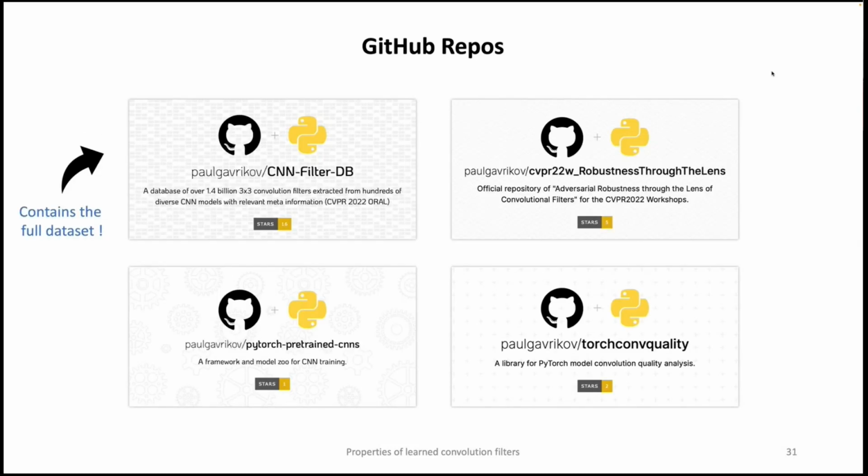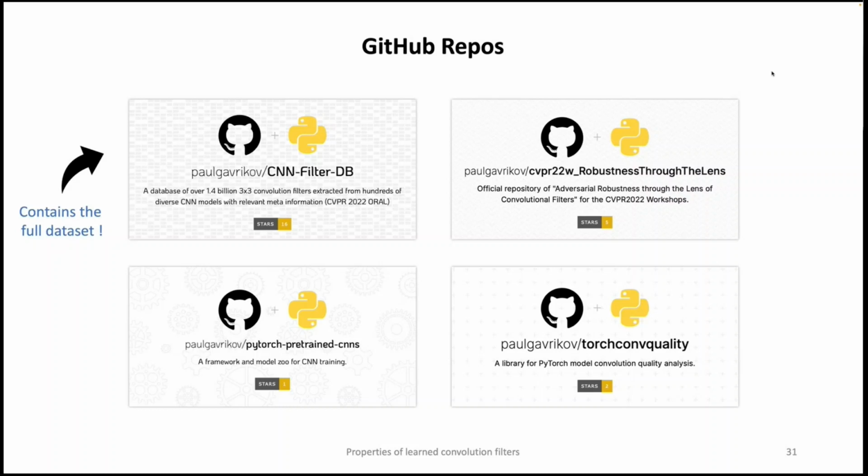So as promised, I also want to show you a couple of tools that you can use in your research. These are GitHub repositories written in Python and developed for PyTorch. The first two at the top are the repositories for the papers. The first one also contains the full data set of extracted filters, so you can download it.